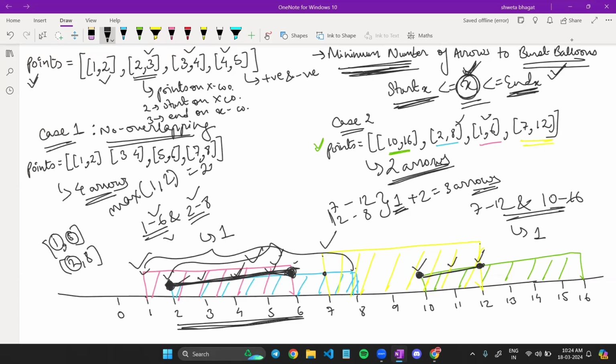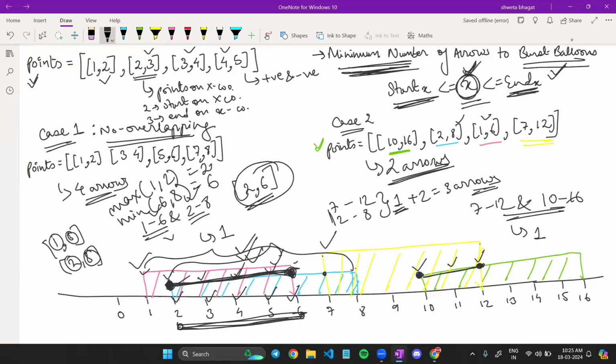And we find the minimum of the end. So what would be the minimum of 6, 8? The minimum of 6, 8 would be 6. So what is the interval at which we want to shoot the arrow? We should shoot the arrow from 2 to 6, right? So we can shoot at 2 or 3 or 4 or 5 or 6. If we shoot in between this interval, then only will we be able to burst both the balloons.